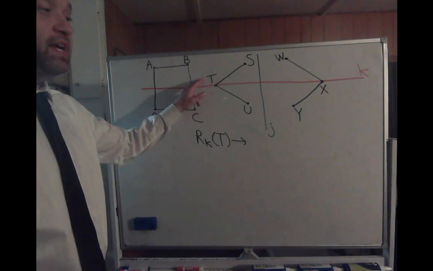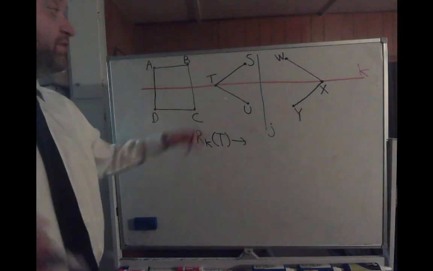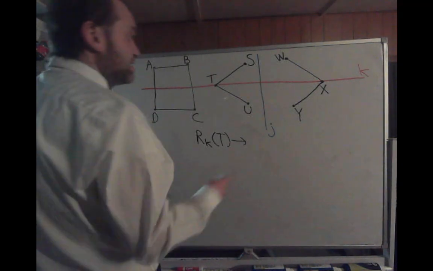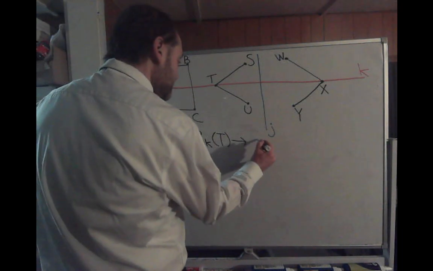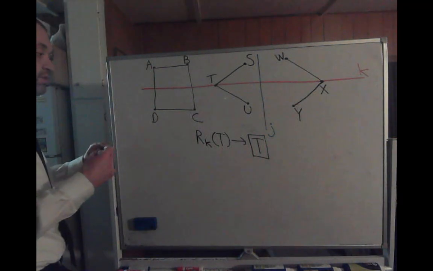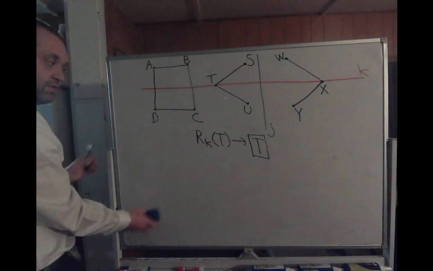Well, T is right on your line of symmetry. If it's right on the line of symmetry, there's nowhere to shift it to, because a line of symmetry preserves distance and length. So the reflection through line K at point T would be point T itself.